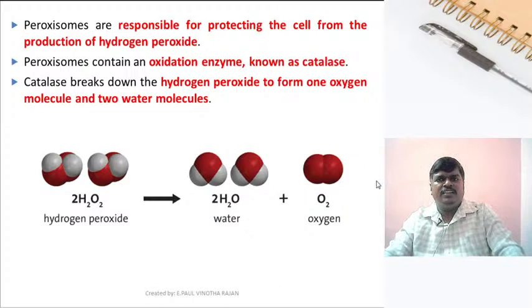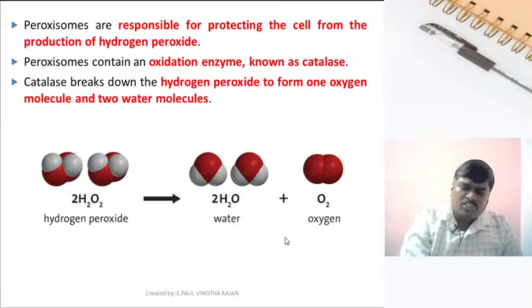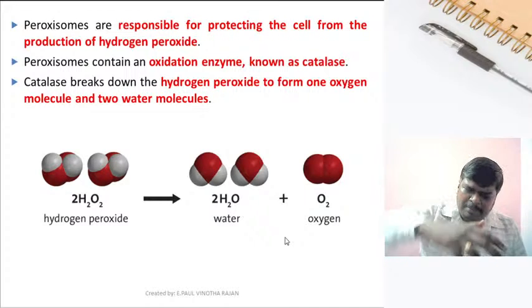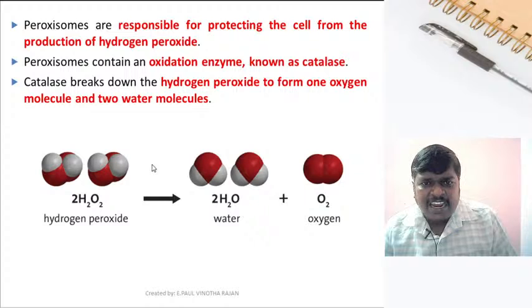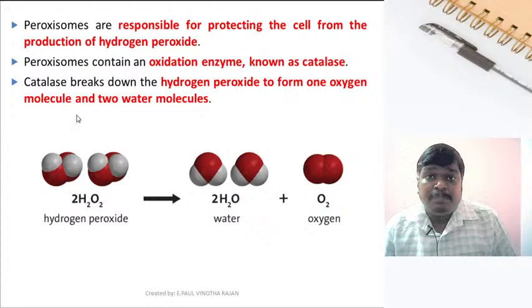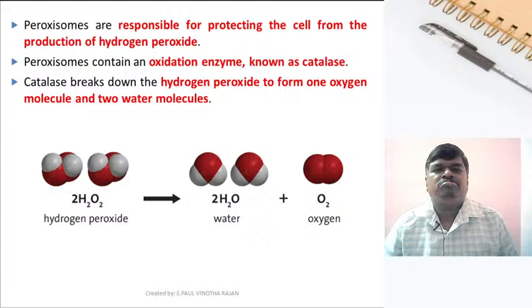That is the main function of the peroxisome. It protects the cell from hydrogen peroxide. Once hydrogen peroxide is formed, the peroxisome immediately releases the oxidative enzyme called catalase. This catalase breaks the hydrogen peroxide into 2 molecules of water and 1 molecule of oxygen. This is the function of the peroxisome.